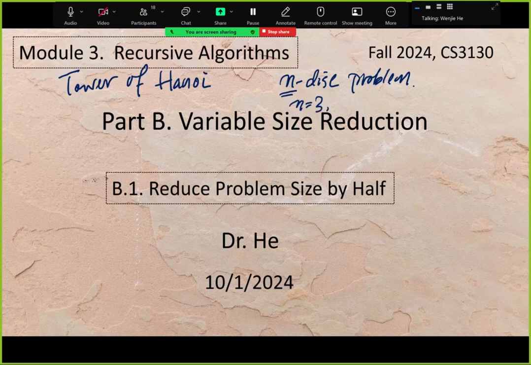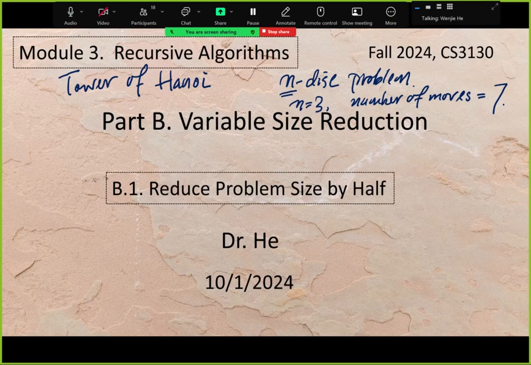So I drew the diagram. When n equals 3, the number of moves equals 7, right? 7 moves, from the diagram.